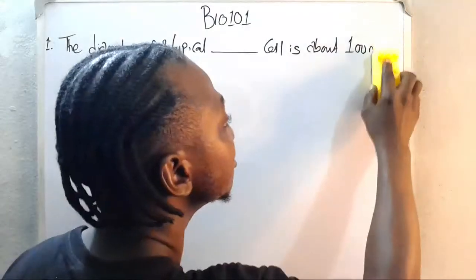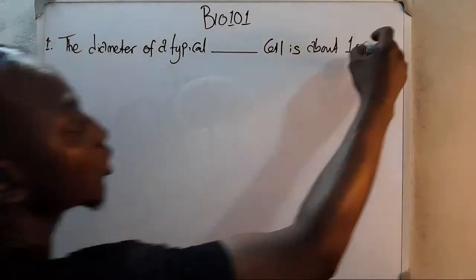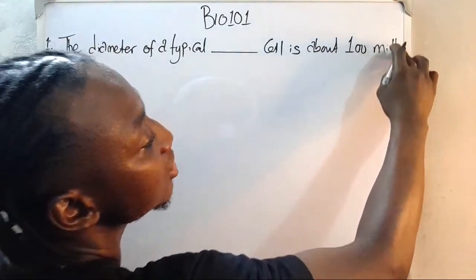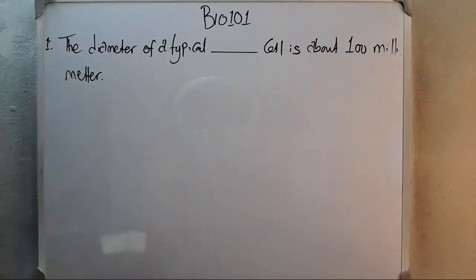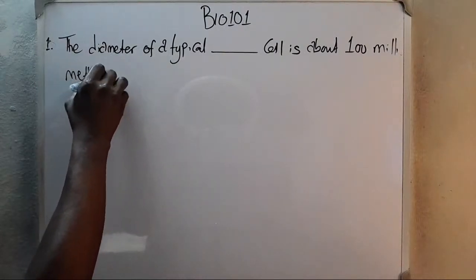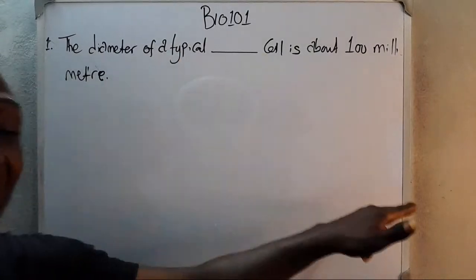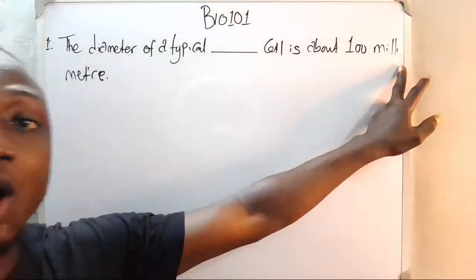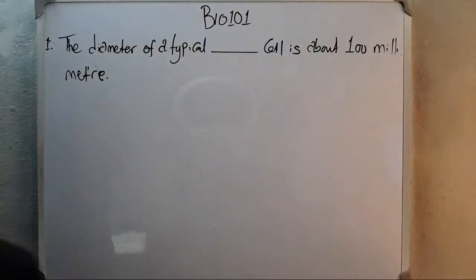Let me write it completely so that we don't get it all mixed up. The diameter of a typical dash cell is about 100 millimeter. So what should the answer be?